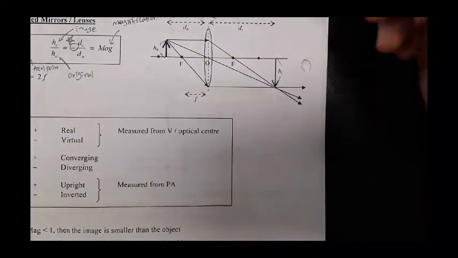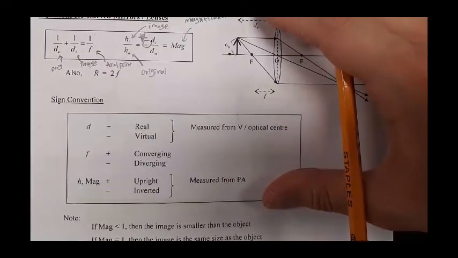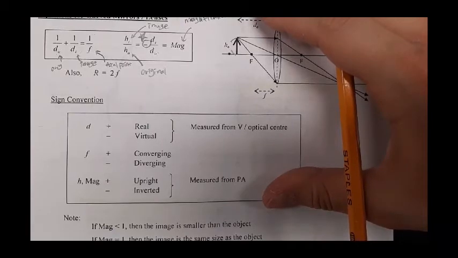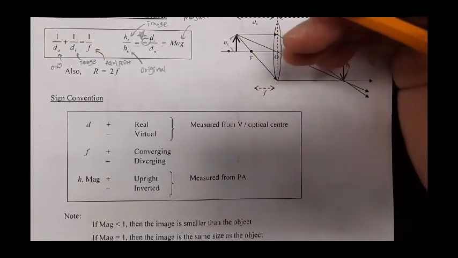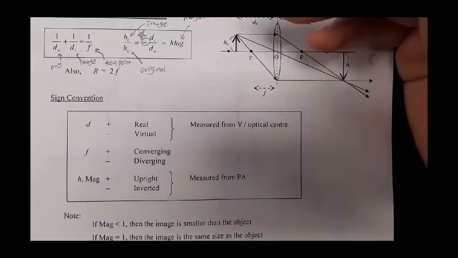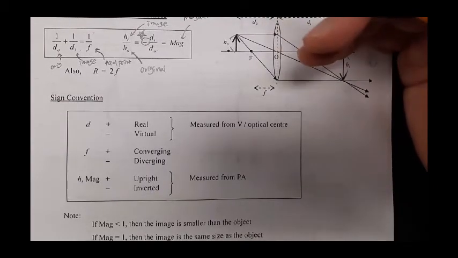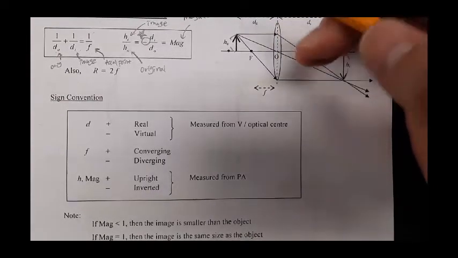HI is the image, so it can be inverted. Now, sign plays such a huge role because sign is one of the ways we can show positive and negative: negative for virtual, positive for real, something like that. So we're going to talk about that.